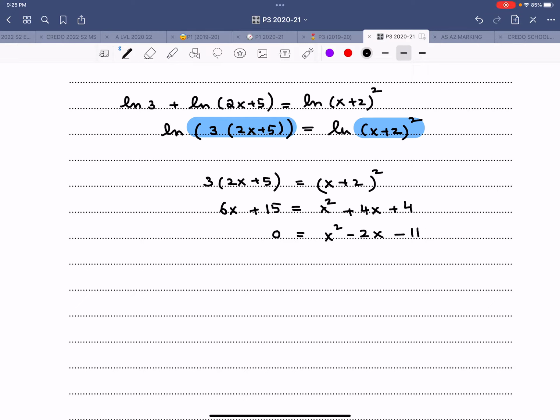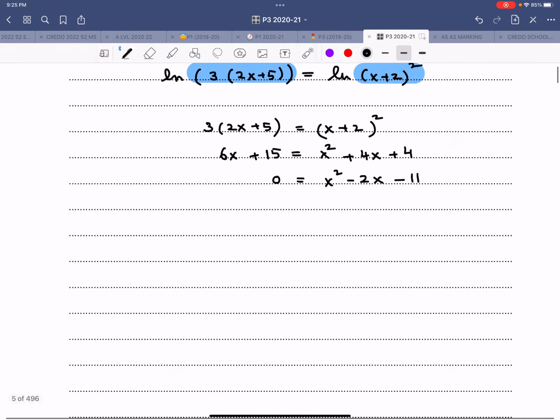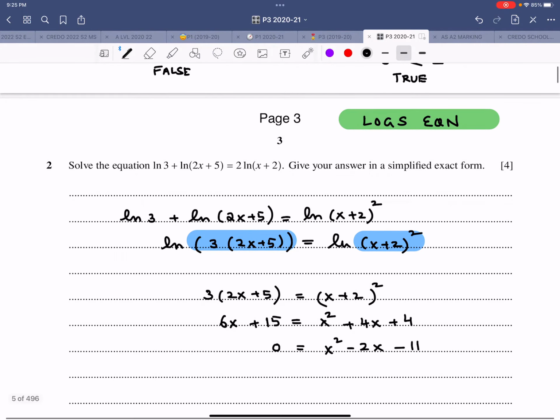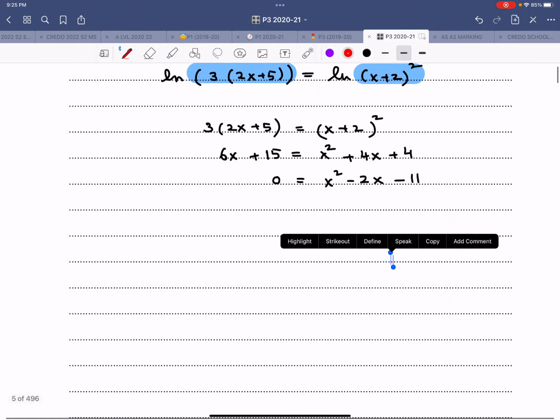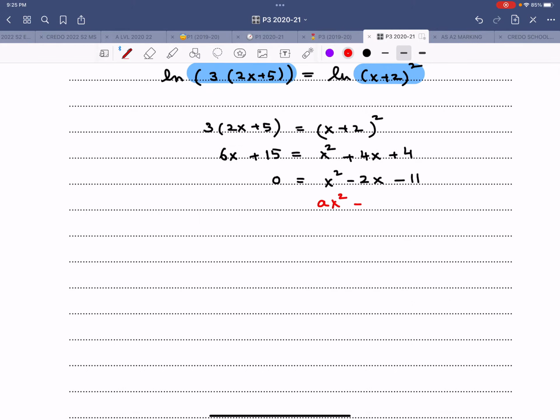That is the first thing that you get. When you solve this quadratic equation, they are saying give the answer in the exact form. That means surd form is applicable. That means you have to solve it using the quadratic formula.